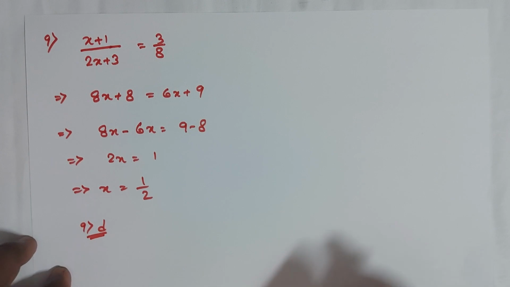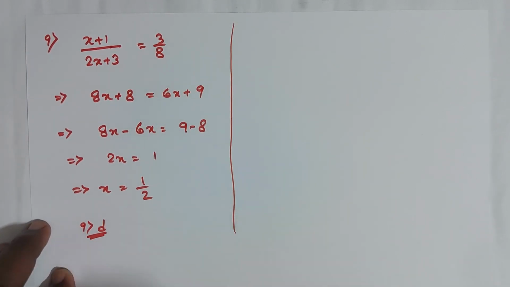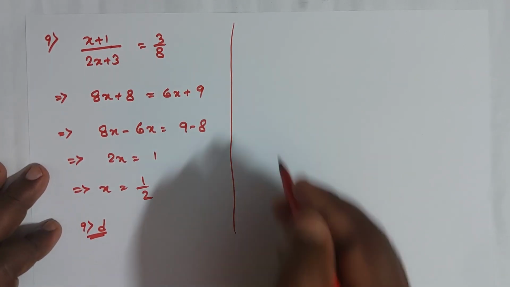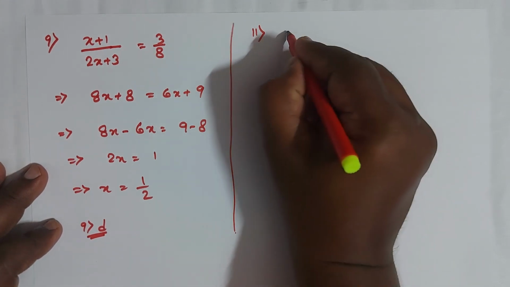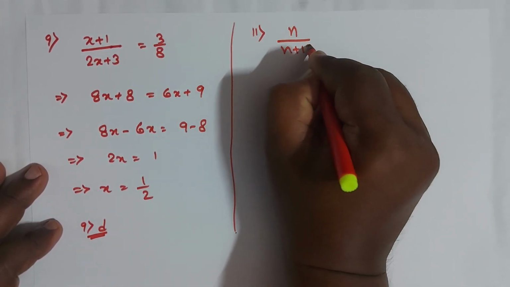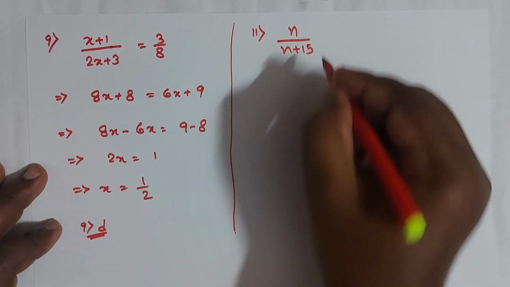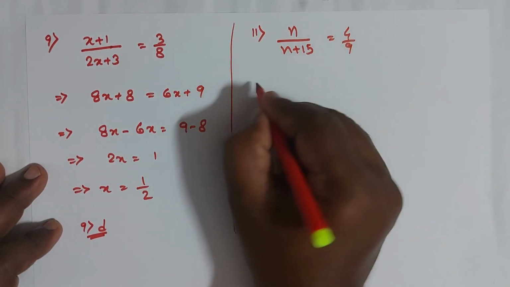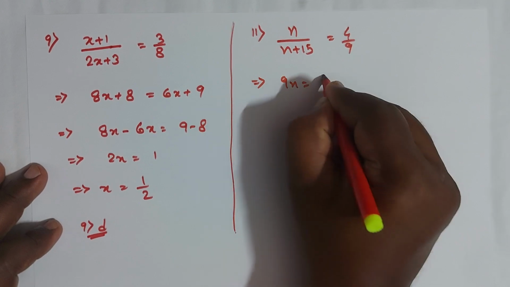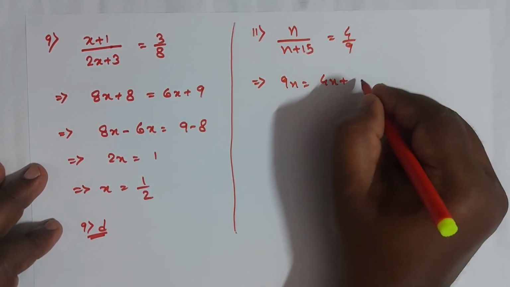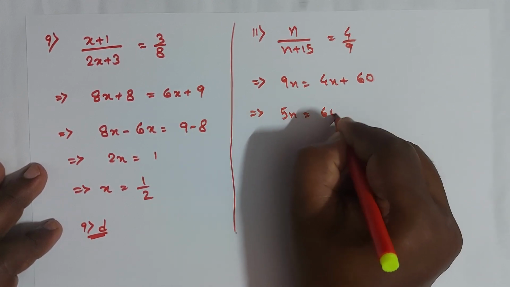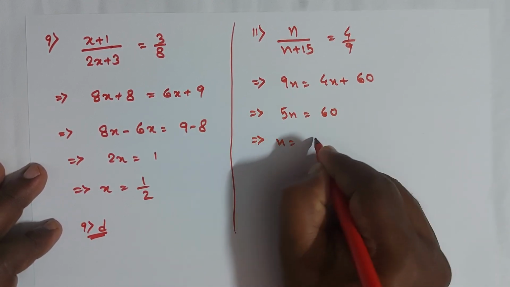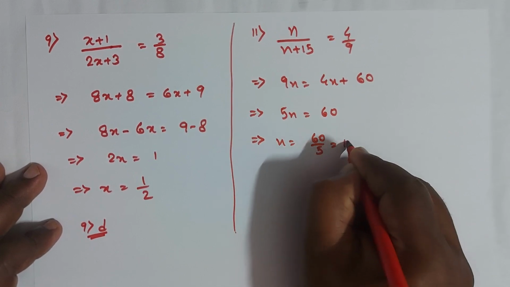Okay, so next is question number 11. Okay, in 11, this is n by n plus 15 is equal to 4 by 9, or 9n equals 4n plus 60, or 5n equals 60, or n is equal to 60 by 5 equals 12.